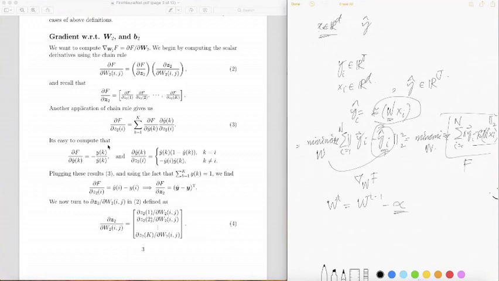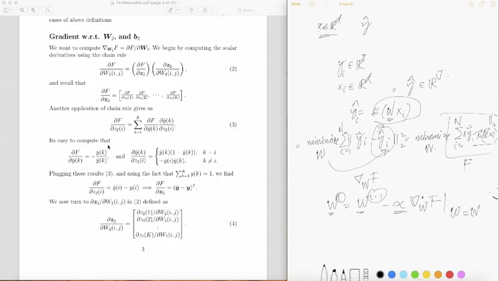T denotes the iterate, so the iterate t is obtained by subtracting the gradient of f from the t minus 1 iterate, evaluated at w equal to w t minus 1.